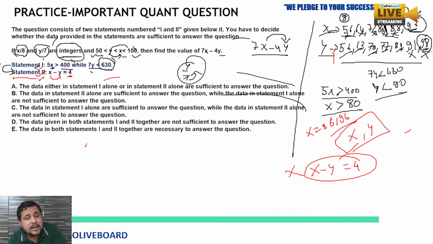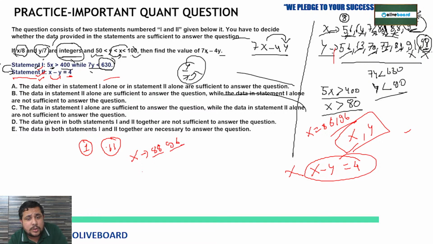But if we merge statements 1 and 2, so see, by statement 1 we already know there are two possible values of x, either 88 or 96. And y will be less than 90.